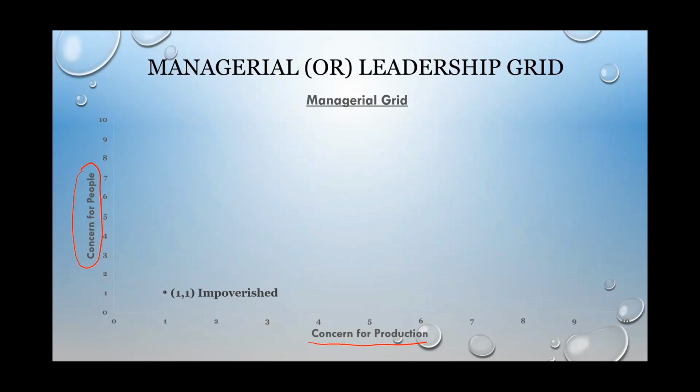If the leader's concern for production is 1 and concern for people is also 1, that means both are low. He does not care about people or followers. At the same time, he does not care about achieving the objectives. This kind of style is called impoverished style.